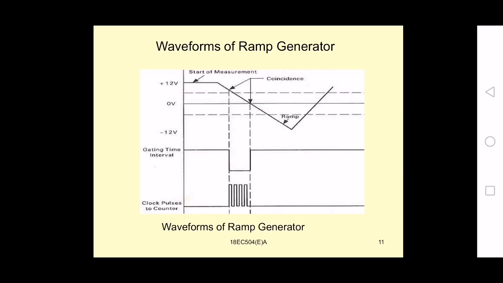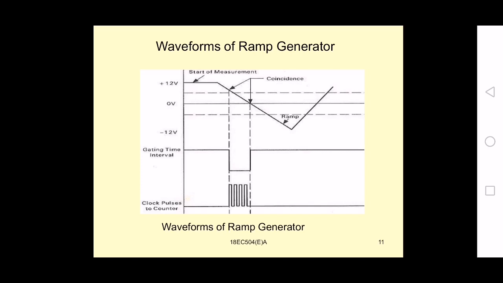Whenever it reaches the dotted line, that is your input voltage, the start pulse will be activated. So whenever the coincidence occurs, the start pulse will generate. Then clock pulses are given to the counter, and the counter will count these clock pulses.